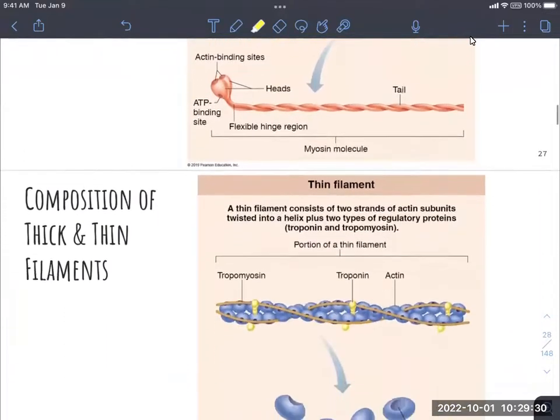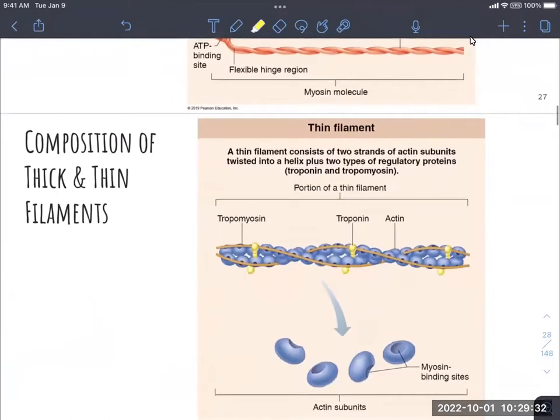These thin filaments, you see the tropomyosin as it wraps around, it is this gold strand here. This gold strand is going to block these myosin binding sites. That's what the openings are on the actin.